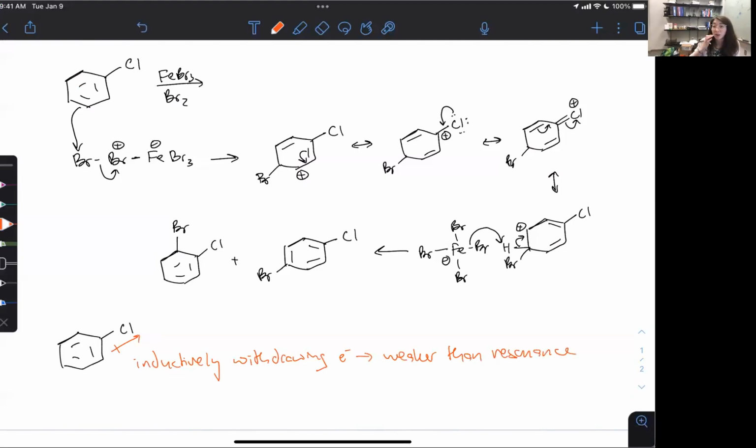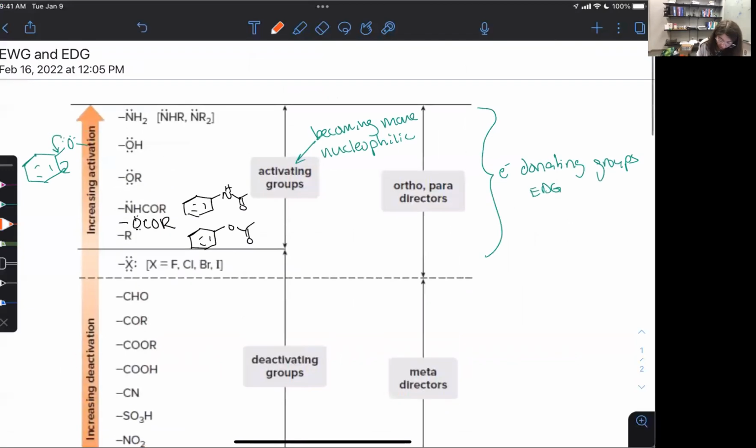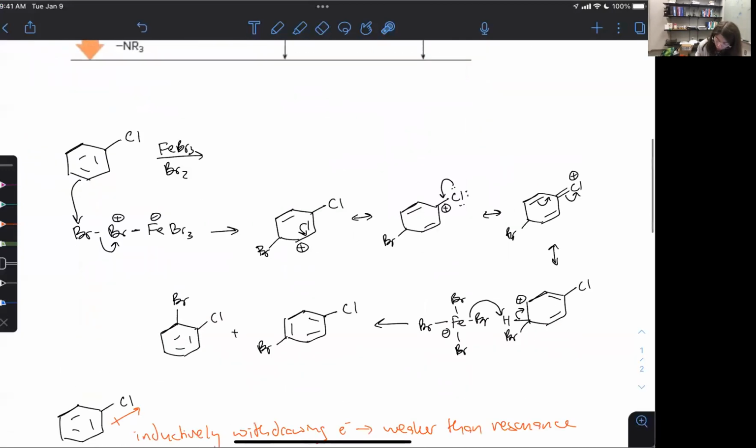But if we think about oxygen versus chlorine, oxygen is falling pretty high into our activating groups. And that's because when we do this resonance structure with oxygen, it's a really good resonance structure, right? We've got a really strong pi bond between the oxygen and the carbon. That overlap is really good.